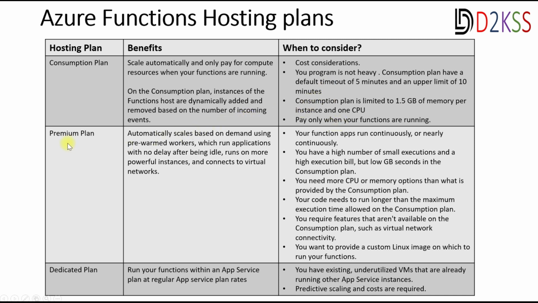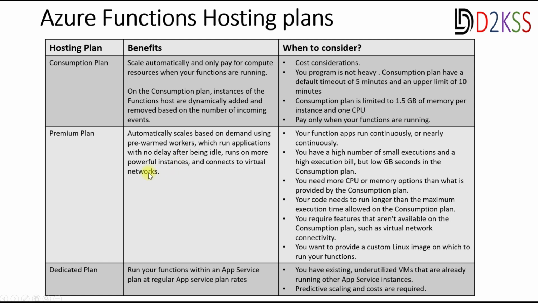The second one is the premium plan. So what is the difference between the consumption plan and the premium plan? The premium plan automatically scales based on the demand using pre-warmed workers, which run the application with no delay after being idle, and runs on more powerful instances connected to virtual networks.